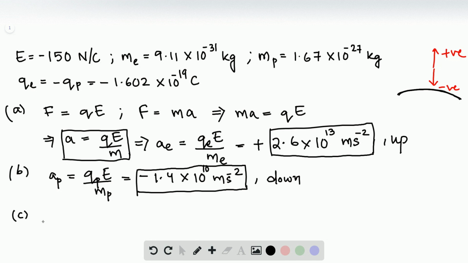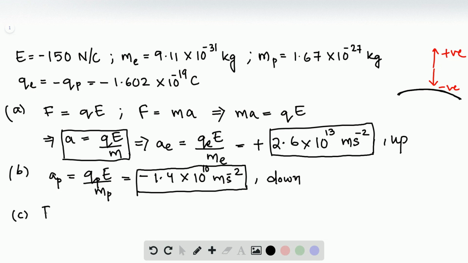Now, in the third part of the question, we have to find the ratio of each acceleration, that is the ratio of the acceleration of the electron and proton separately to the acceleration due to gravity.